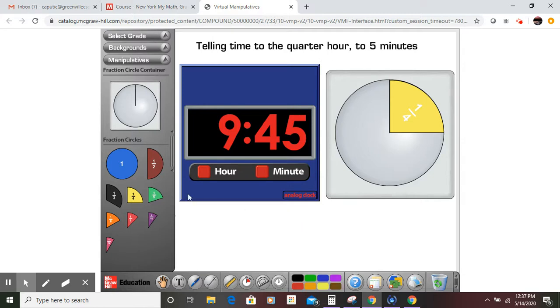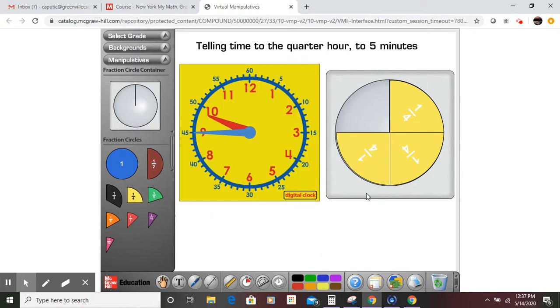Now, this actually has a special name as well. Most of our full circle or hour is complete. We have 1/4 left until we get to 10 o'clock. So we can actually say that this is also quarter till 10 o'clock.